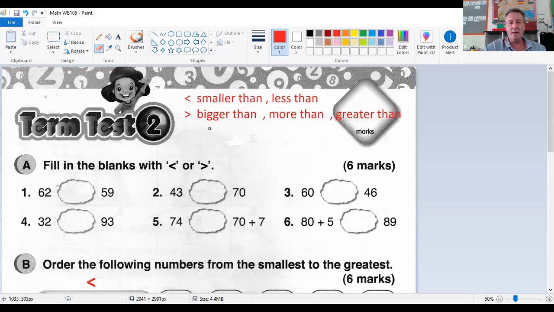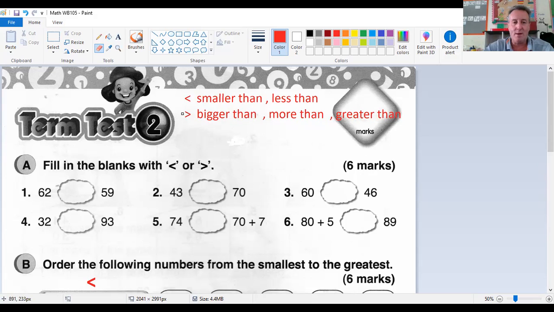Okay, 3 different ways we can say it. We'll write those in our notebooks again when we come back. But for now, let's just remember those. Smaller than or less than, that's this one. Bigger than or more than or greater than, that's this side.